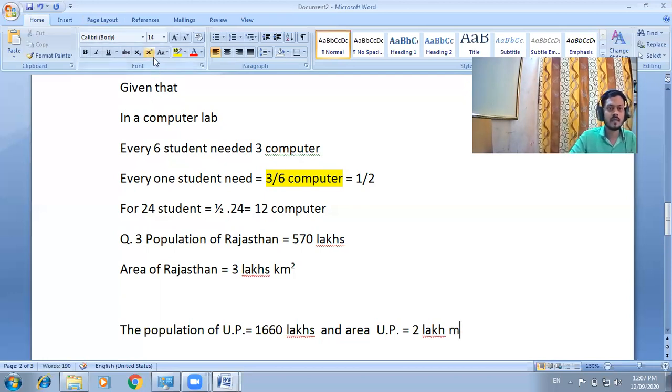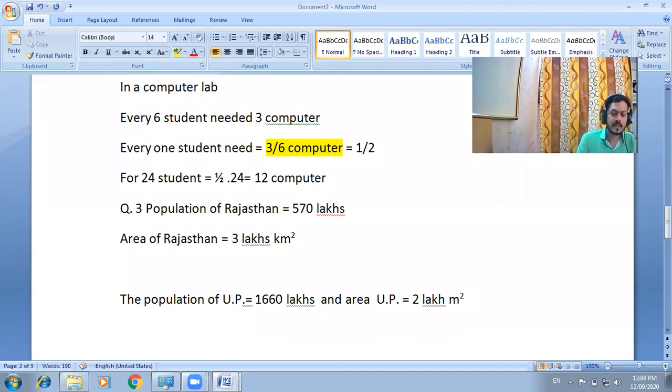Remember all the quantities are same kinds, so we can compare one by one. So our question one from third one is how many people are there per kilometer square in both these states?